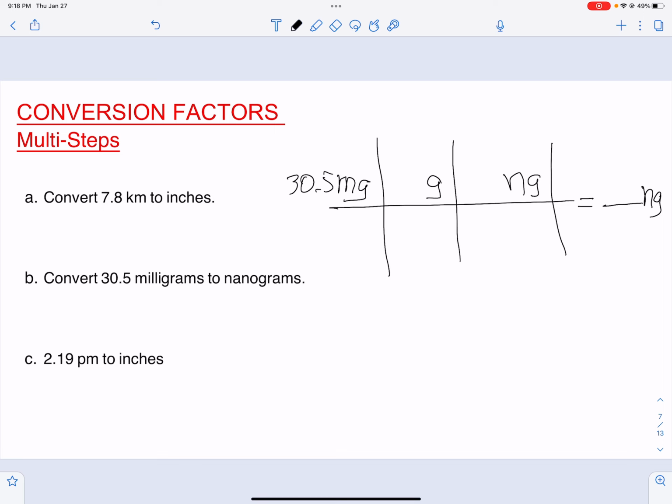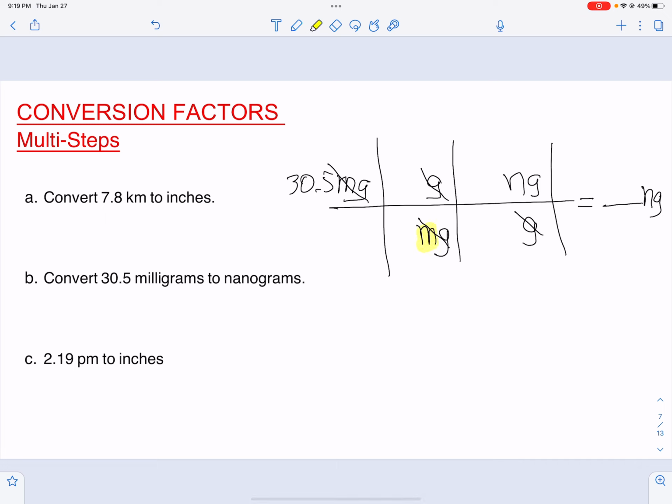So that would be my plan. From milligrams, I can go to grams. From grams, I can go to nanograms. So I don't want the milligrams, so I'm going to put the milligrams at the bottom. That will cancel that. And I don't want grams, so I'm going to put the grams at the bottom. And the only thing remaining should be the nanograms, which is what I want.